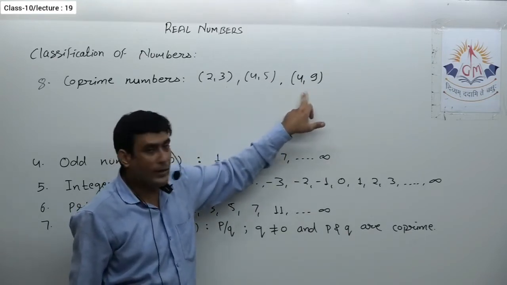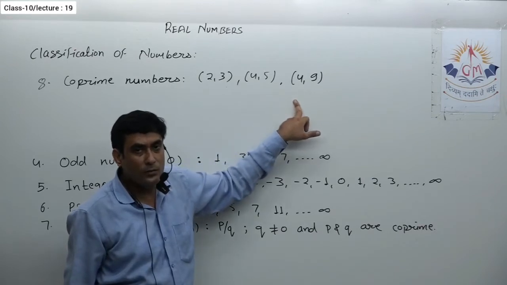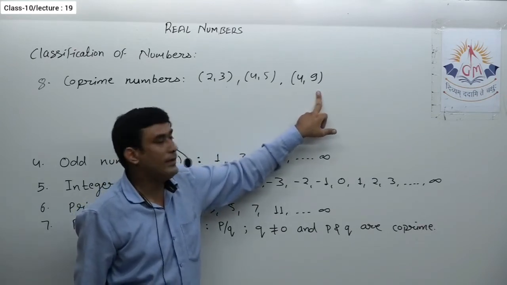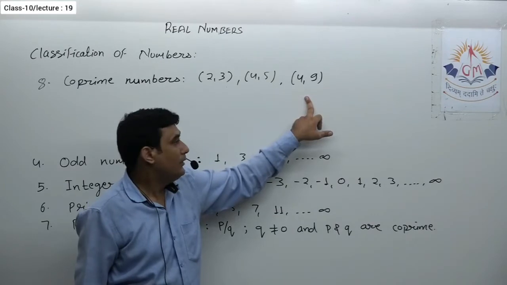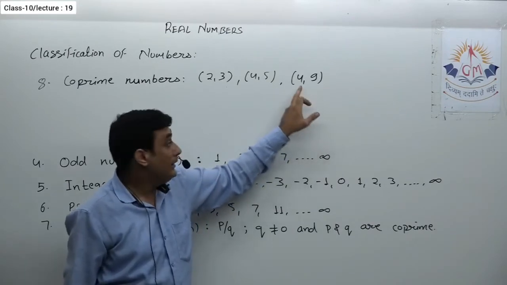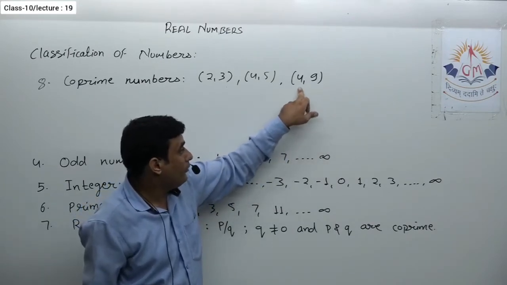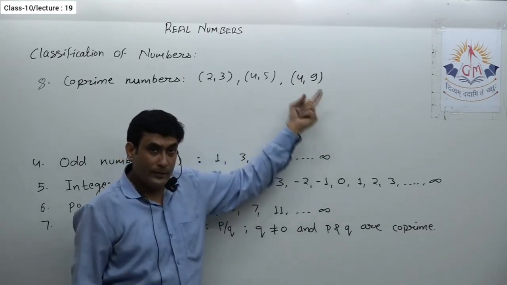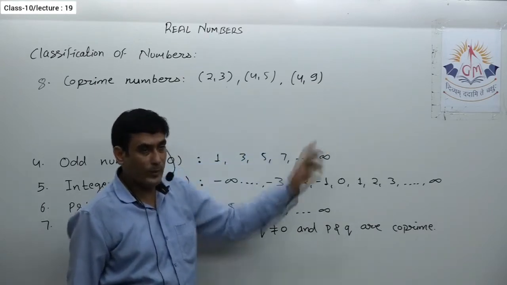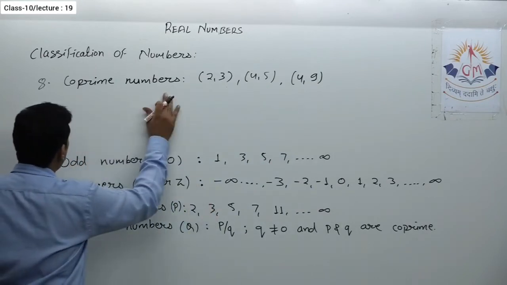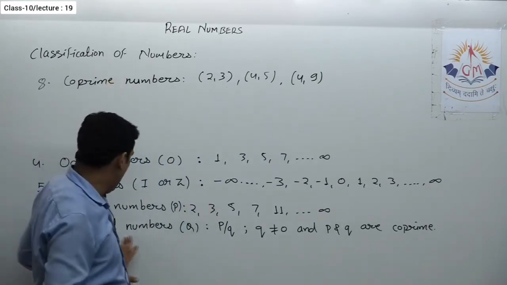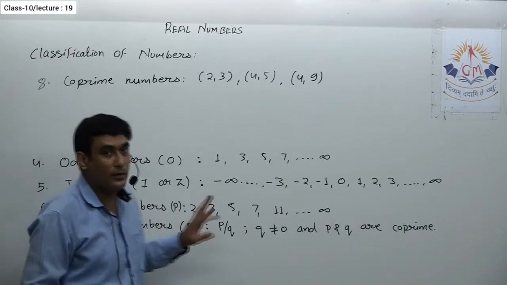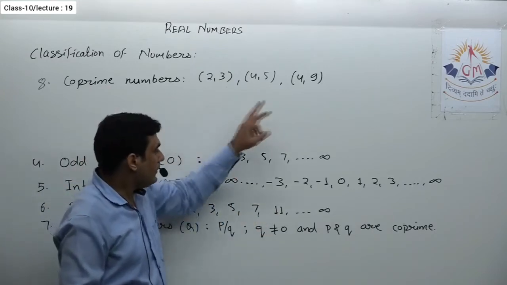Factors of 4 are 2 multiplied by 2, factors of 9 are 3 multiplied by 3, so they do not have any common factor. Although 4 and 9 are not prime, still they form a pair of co-primes. So co-prime has no relation with prime. Do not get confused.